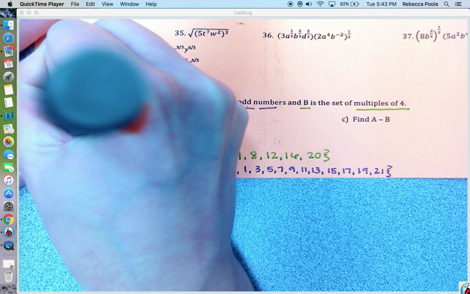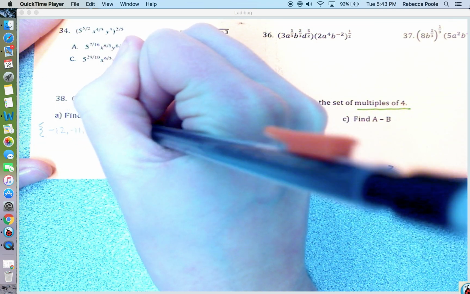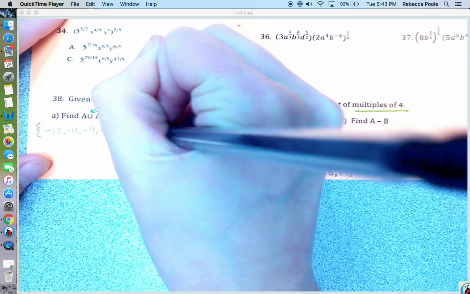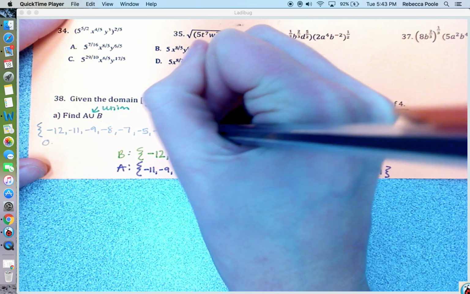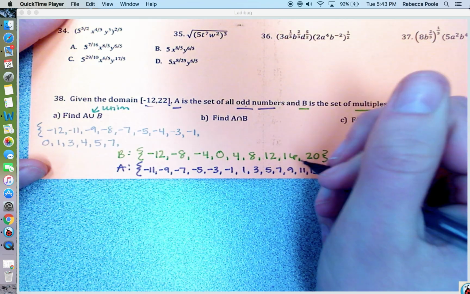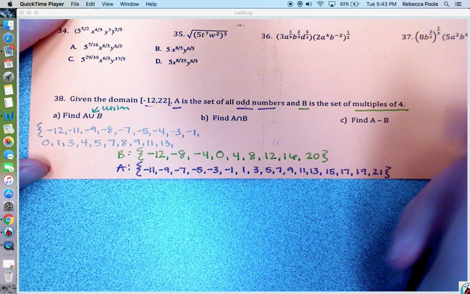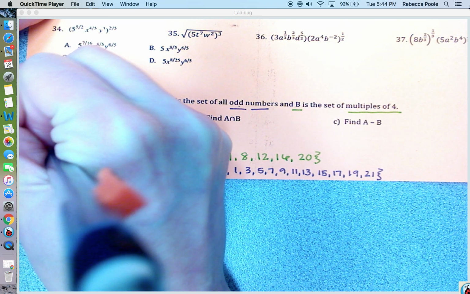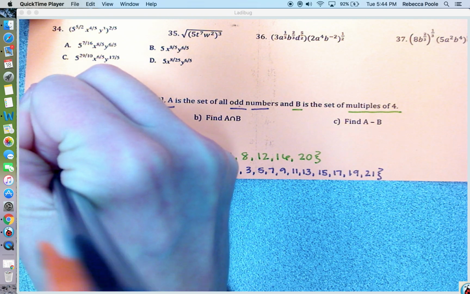So we've got -12, -11, -9, -7, -5, -4, -3, -1, then 0, 1, 3, 4, 5, 7, 8, 9, 11, 12, 13, 15, 16, 17, 19, 20, and 21.